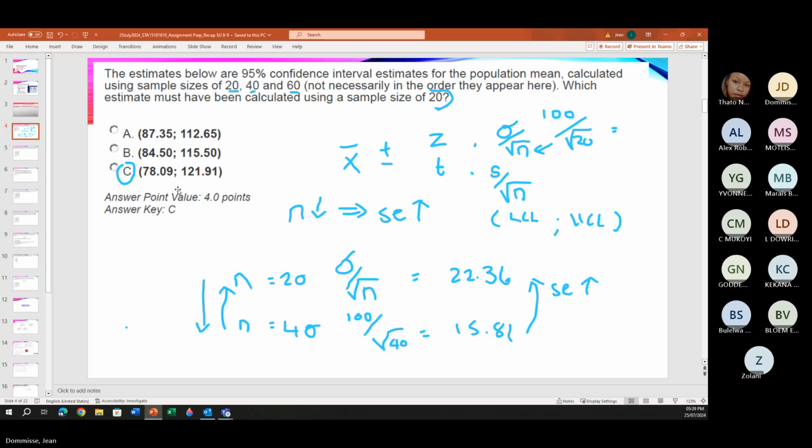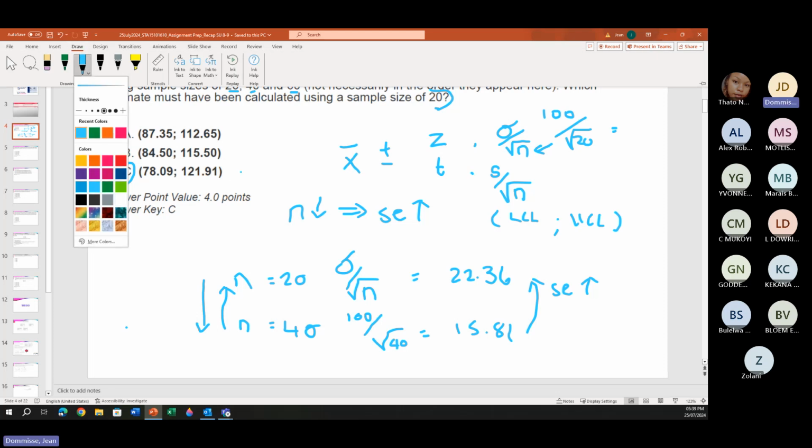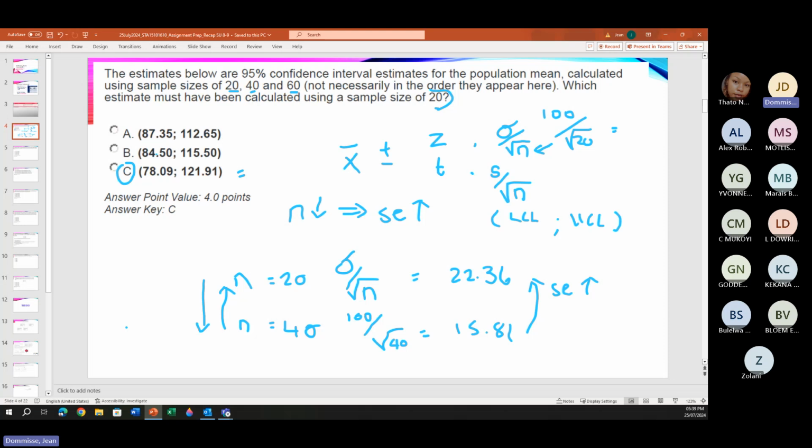So C will be the one with the sample of 20 because that's the biggest difference. Let's quickly check the other differences: if we say 115.5 minus 84.5, the difference is 31.